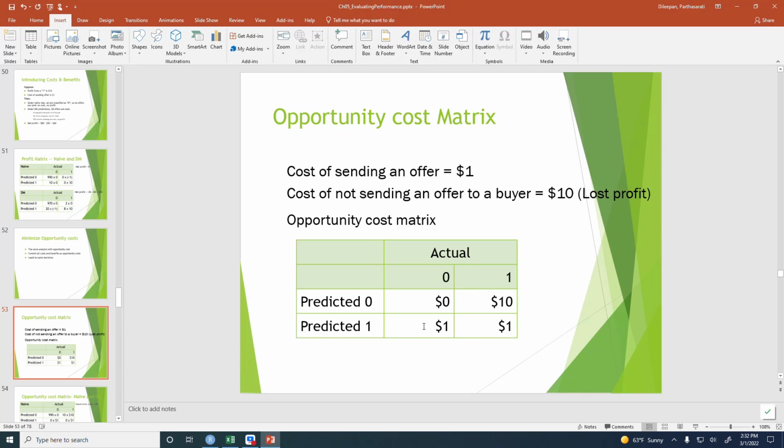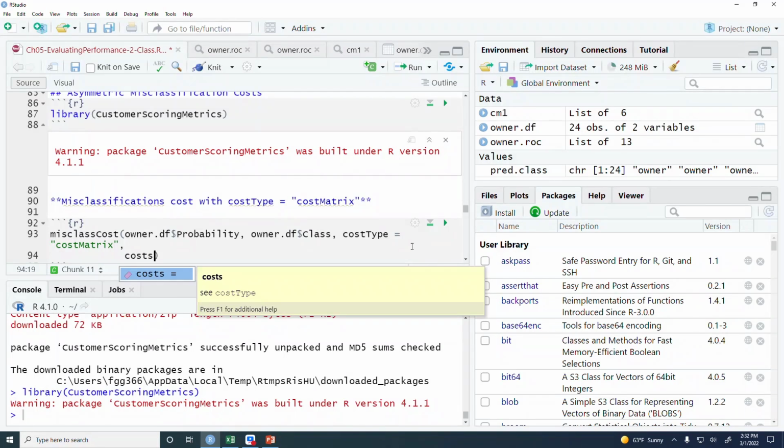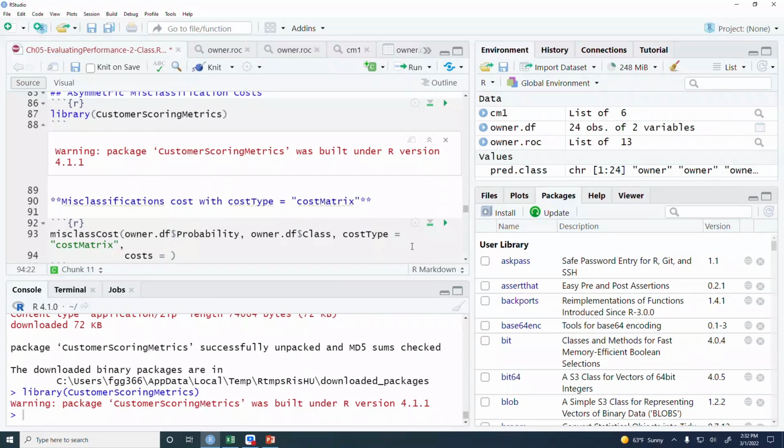So 0, 10, 1. We then say the cost type is cost matrix, and we say costs equal to, and we specify the matrix.